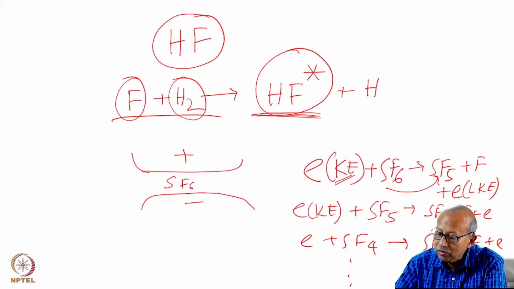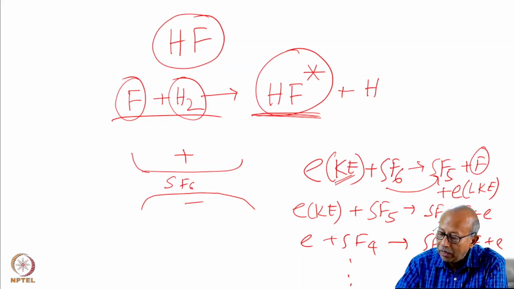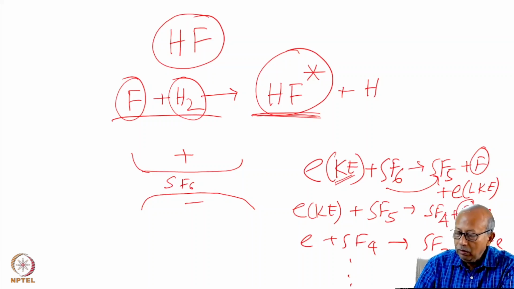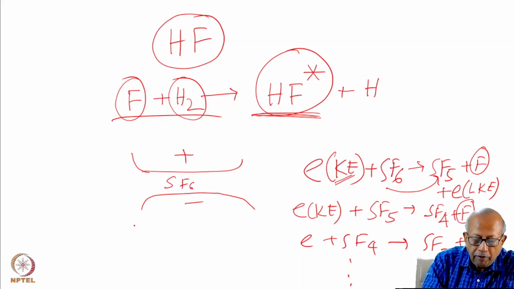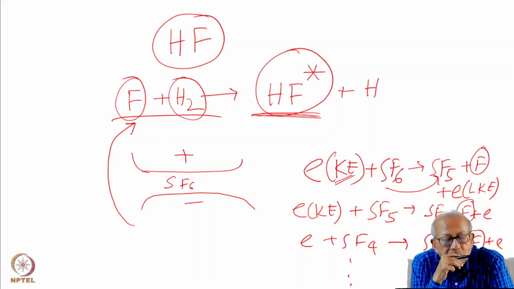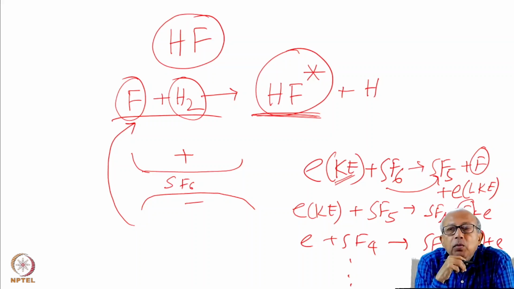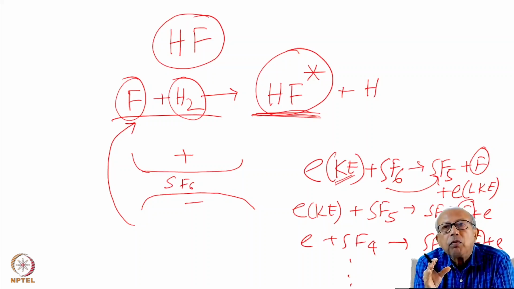This will create an avalanche of atomic fluorine, which will be available to initiate this equation, which will form the active species for the process of lasing.